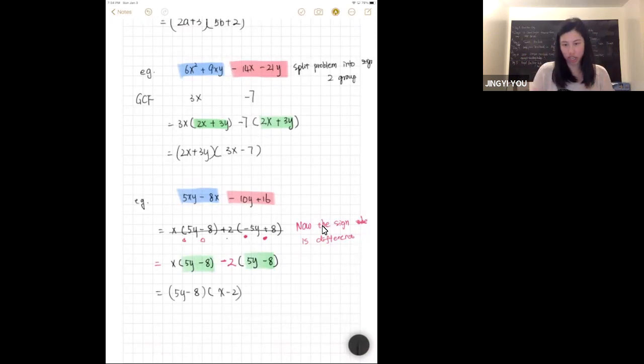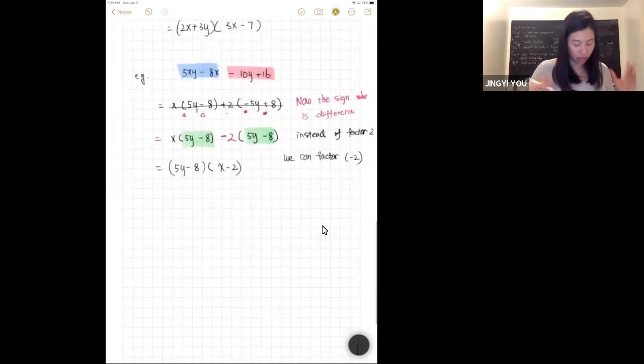So here's the trick. If you find out the sign is different, instead of factoring the 2, we can factor negative 2, because our goal is to make the signs the same.